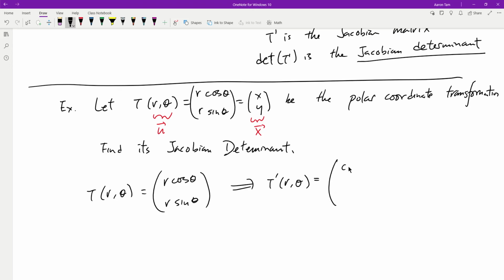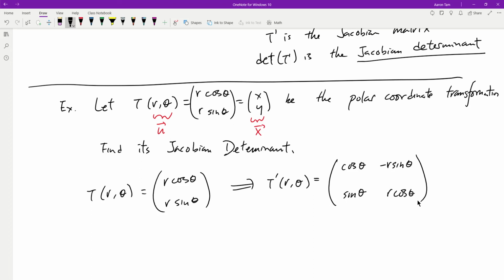But it shouldn't be too hard to figure out. So that would be cosine theta and negative r sine theta, with dr and then d theta. And then for the bottom will be sine theta, and that will be r cosine theta. So that would be my Jacobian matrix.